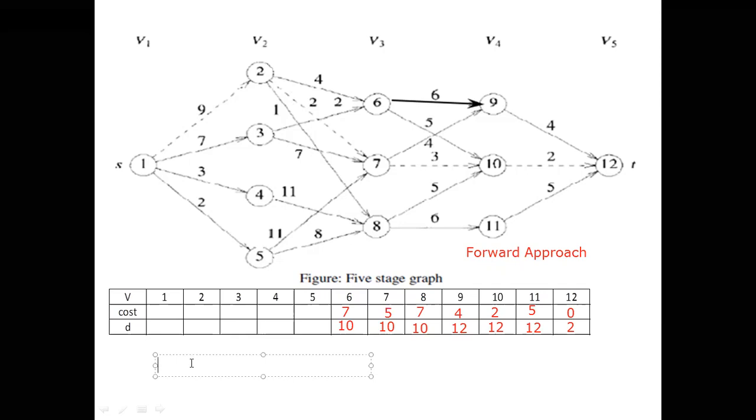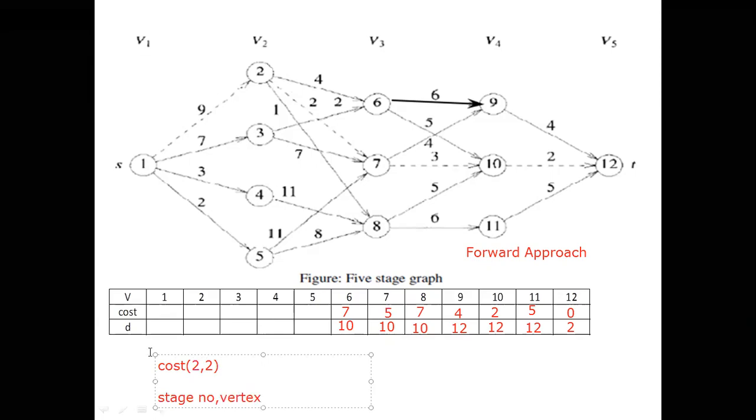I hope it's clear. Now I am going to write. How to write? Cost of 2, 2. Why is it 2, 2? The first 2 is showing the stage number, and the second 2 is showing the vertex number.